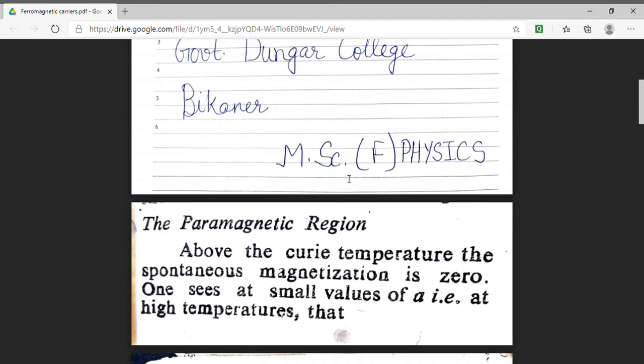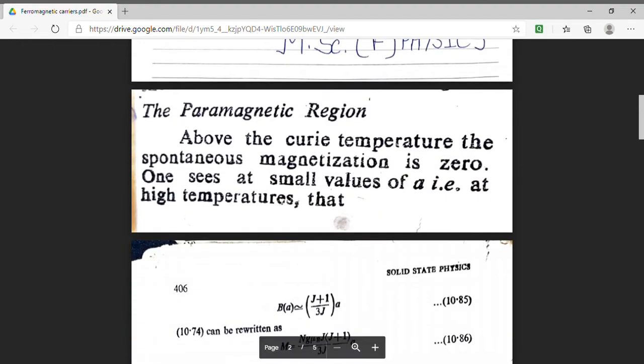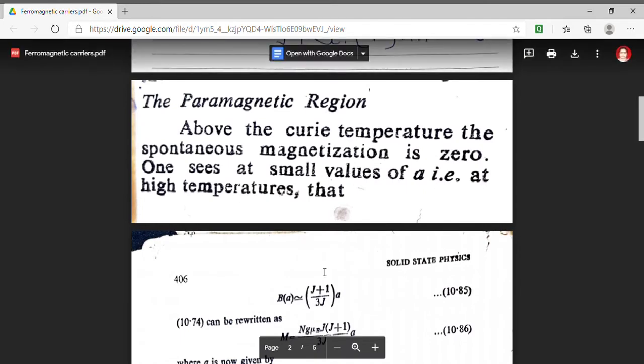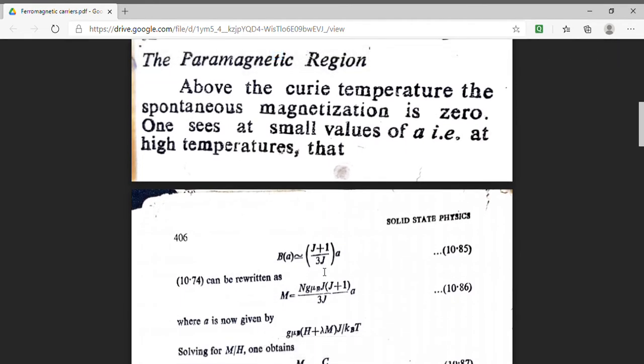We know that above the Curie temperature the spontaneous magnetization is 0 and the Brillouin function for smaller values of a is defined as B(a) equal to (J plus 1) upon 3J multiplied by a. Here J is the quantum number, and we have already derived that magnetization can be expressed as M equal to N g mu B J times (J plus 1) a upon 3J.